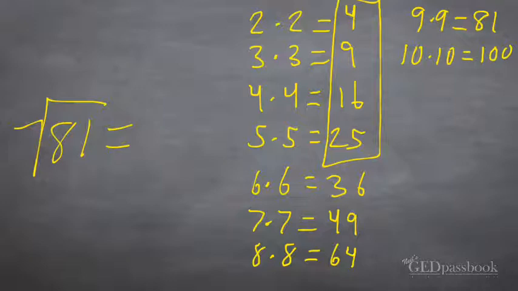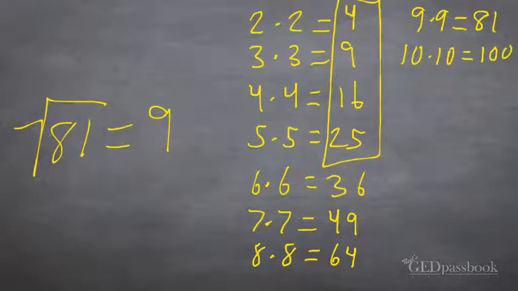Exactly. If they were to ask you, what is the square root of 82? Guess what? You take out the calculator because you can't solve it any other way. Right? There's only a select few of perfect squares that you're going to be given.